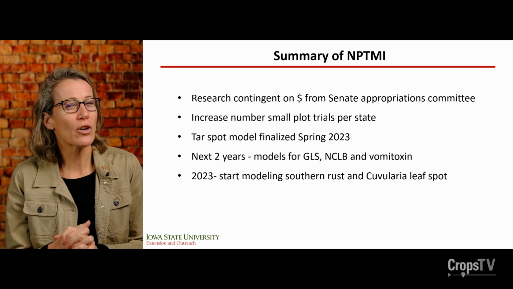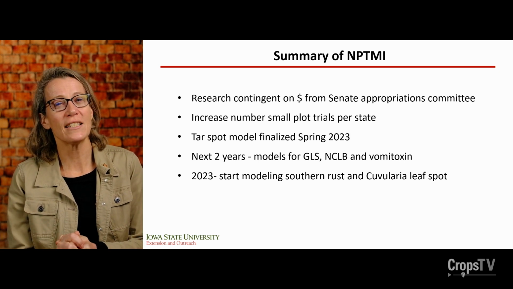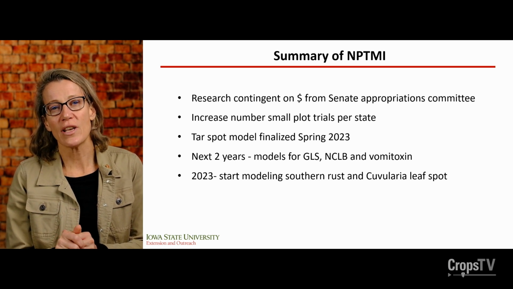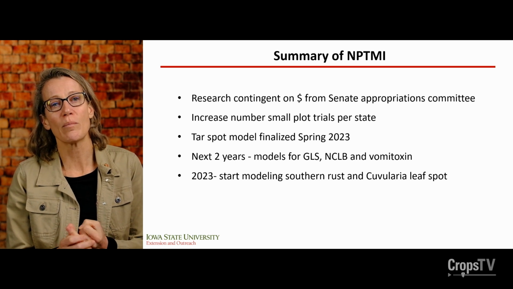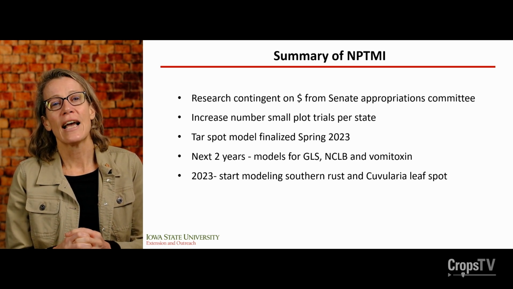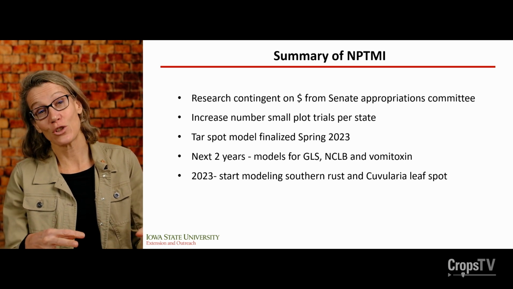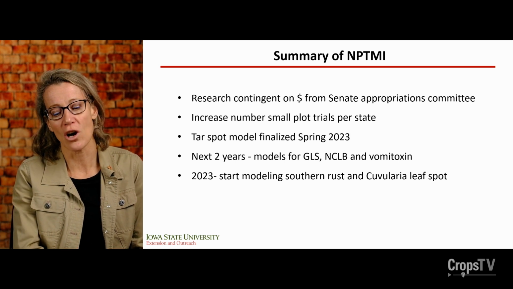The tar spot model, so the TarSpotter app and the model, will be finalized in spring, so within the next couple of months. And then over the next 2 years, we'll be developing models for gray leaf spot, northern corn leaf blight, and vomitoxin. And as I mentioned, next year, 2023, we will start modeling for southern rust and Curvularia leaf spot.